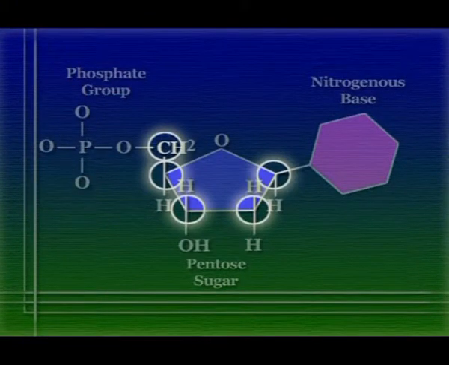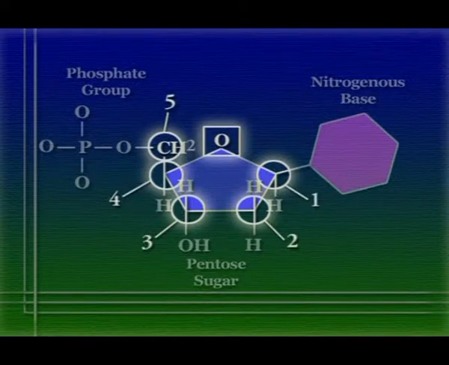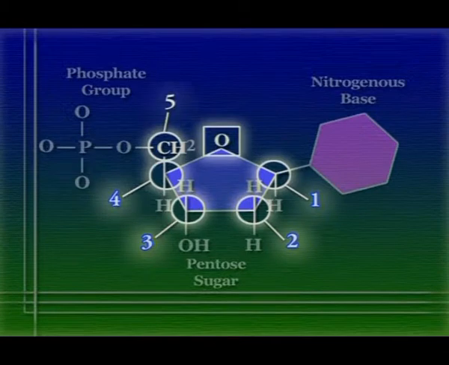And so we can number the carbons in the pentose sugar around the ring, beginning at an oxygen that binds the 2 sides of that ring. It goes clockwise from 1 to 5, with the last carbon sort of hanging off that ring, the 5th carbon. That's just something to keep in mind for later when we talk about how these nucleic acids form larger polymers.